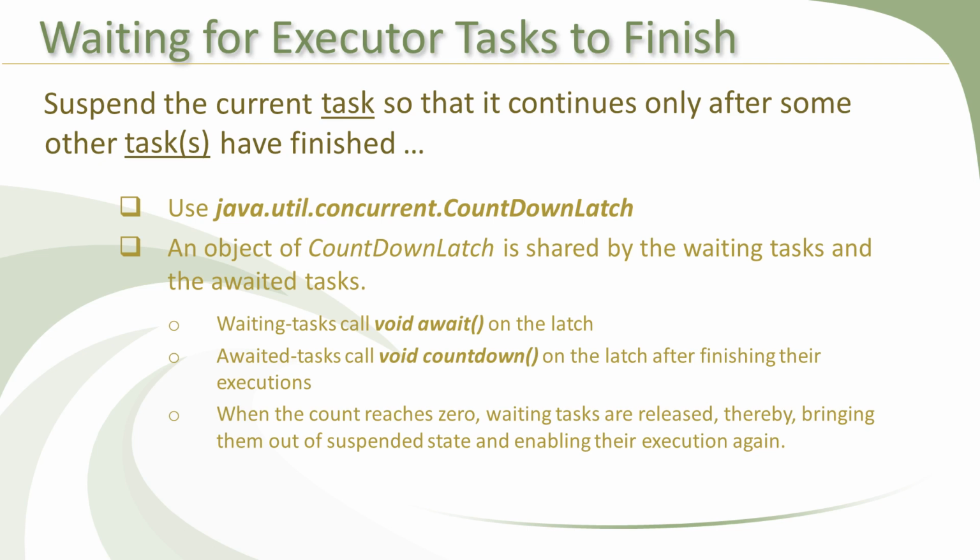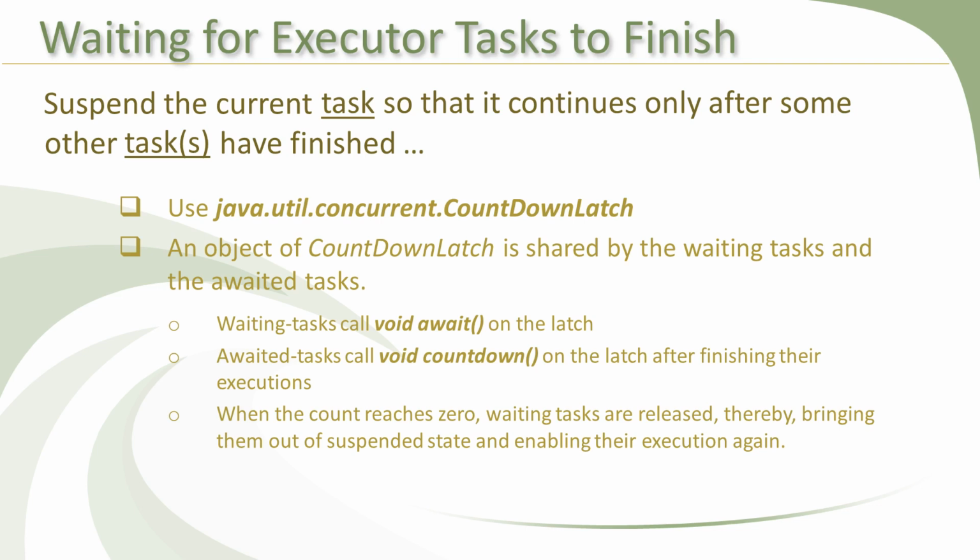So, you can use the CountDownLatch class for both the scenarios, waiting for n number of tasks to finish or waiting for one task to finish n number of times. By the way, there is also a getCount method in the latch that you can call to know the current count value in the latch at any time.